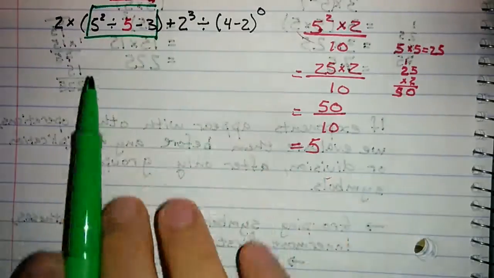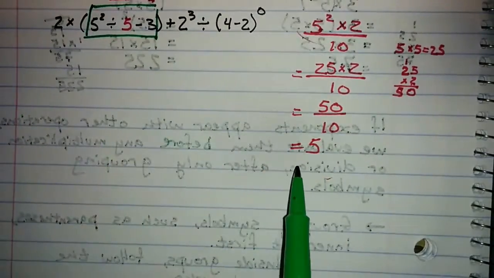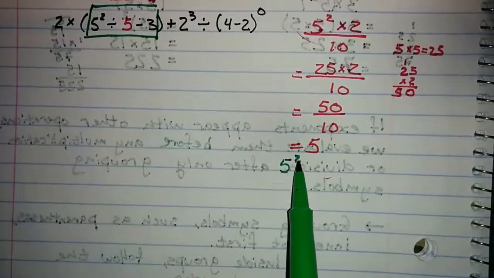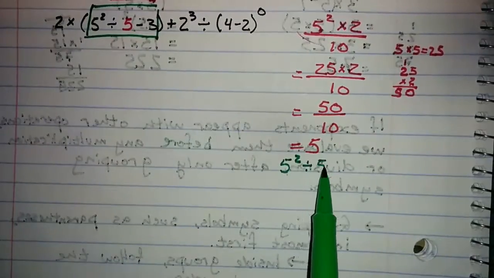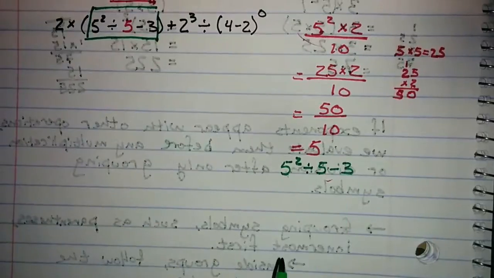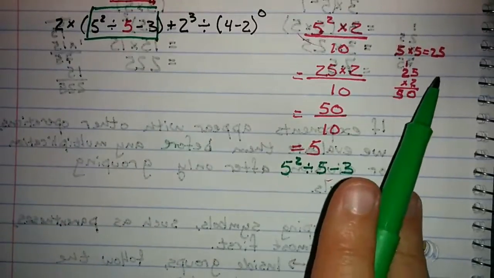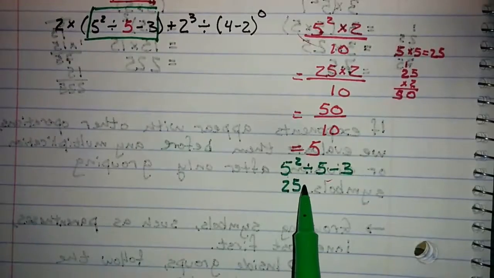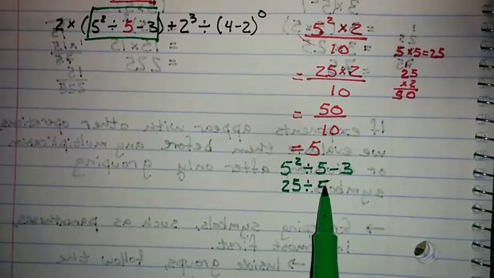Again, because there are several operations in here, I'm going to take this off to the side. I'll have 5 squared divided by 5 minus 3. 5 squared I worked out earlier, that's 25. Doing the exponent first.